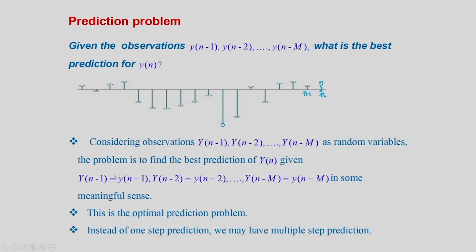These are the given values, and given these values, what is the best prediction for y[n]? This is the optimal prediction problem. Here we have used one step prediction. Instead of one step prediction, we may have multiple step prediction.